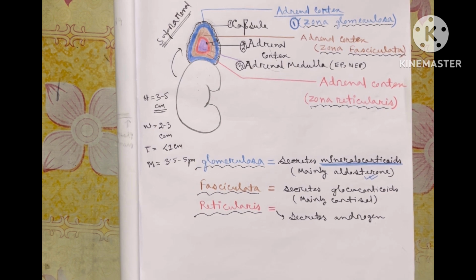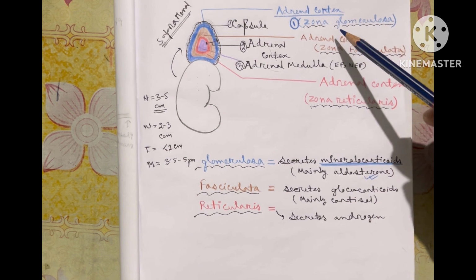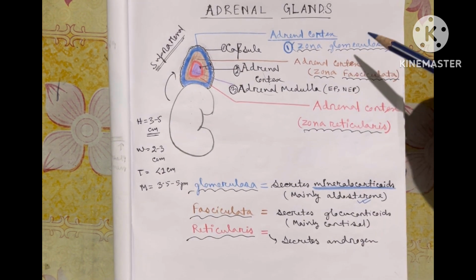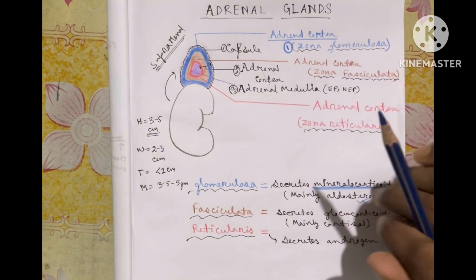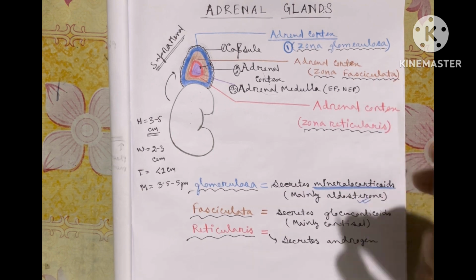The main mineralocorticoid it secretes is aldosterone. So why is it called a mineralocorticoid? Because it affects mineral homeostasis. If we remove the zona glomerulosa cells from the body, there will be a massive imbalance of minerals, mostly sodium and potassium.